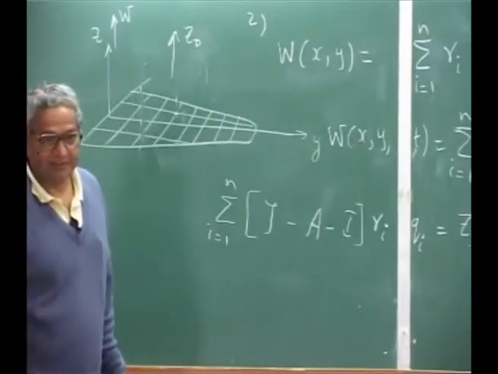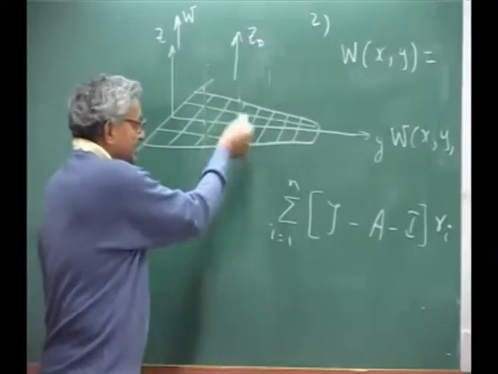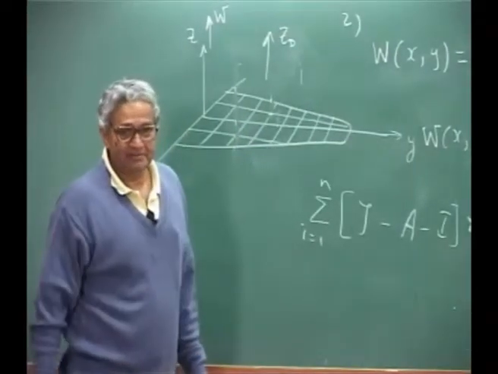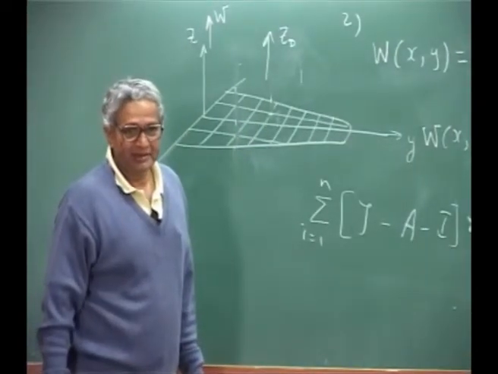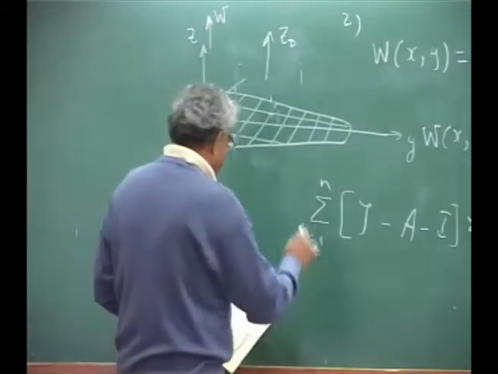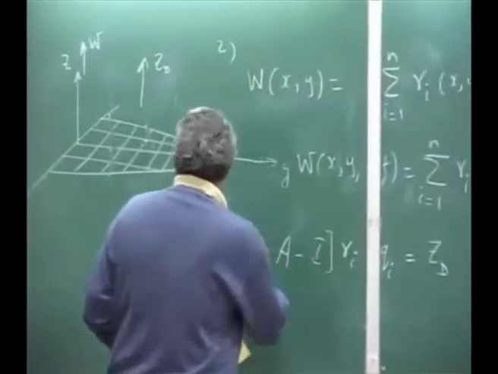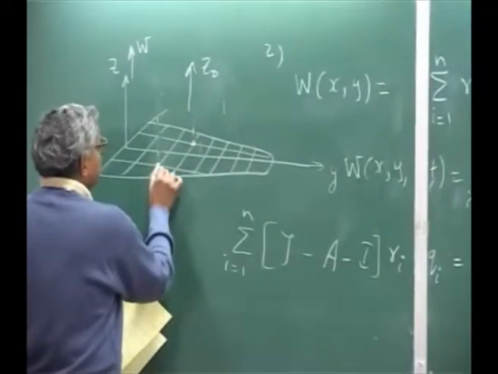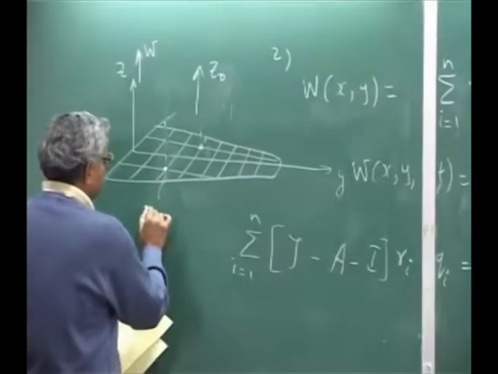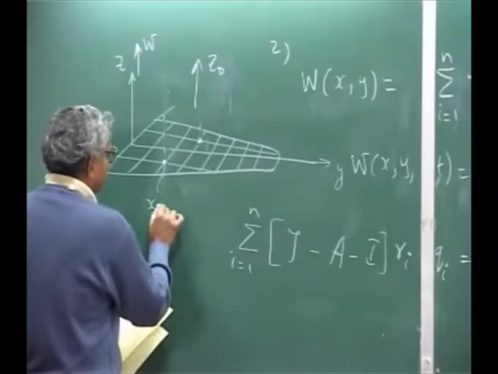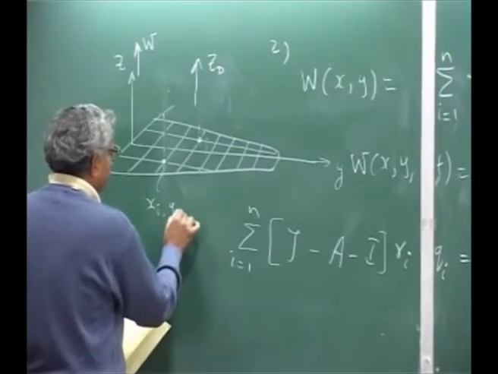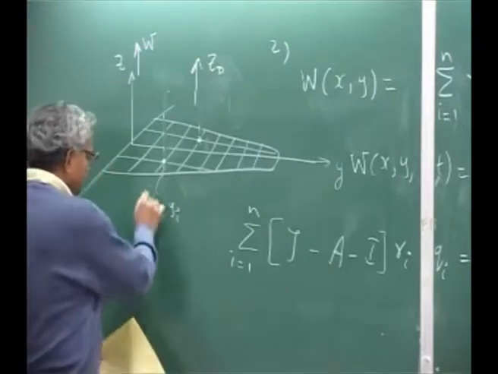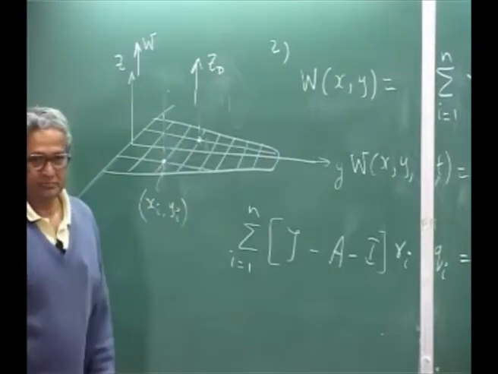Like in the earlier case where we fixed a grid, in the same way you do the grid. If you satisfy n points, what will happen? I am choosing these points, these are n. Now here this will be x i, y i, that is the location, right.